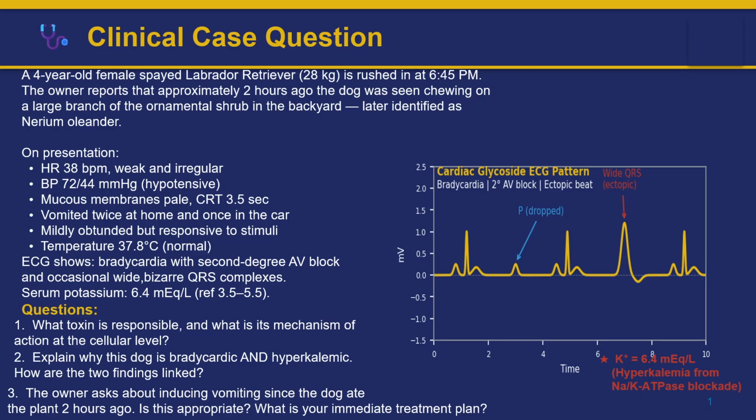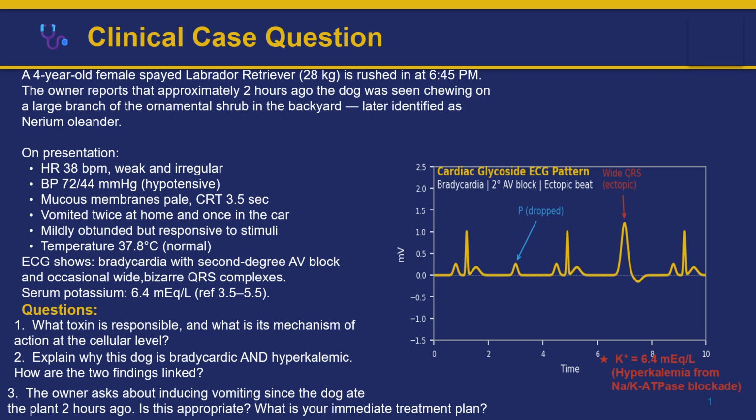Immediate treatment plan. Let's walk through this systematically. 1. IV access. Immediately. 2 sites if possible, given hemodynamic instability. 2. Continuous ECG monitoring. Mandatory. This patient is at risk for progression to complete AV block, ventricular tachycardia, or ventricular fibrillation at any moment. 3.